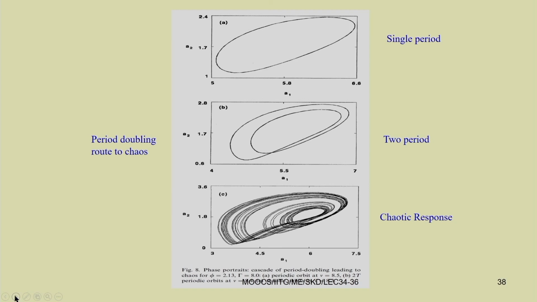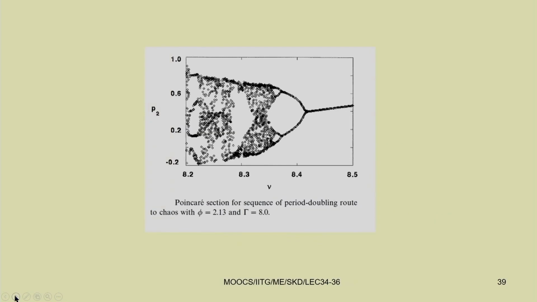But you note that this chaotic response is a deterministic response, not like a random response. Here one can draw the Poincare section. Later I will tell how you can find the Poincare section. If you draw the Poincare section, you can see initially you have 1 point.